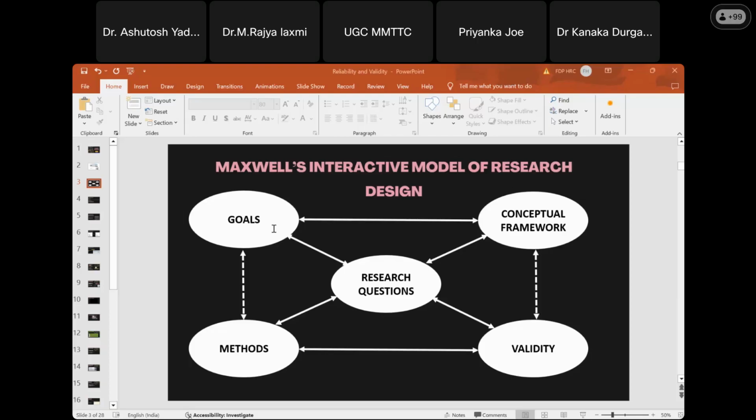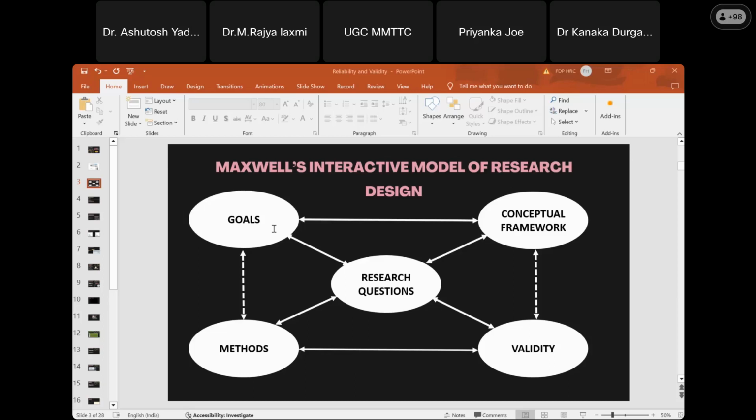But with a little twist. What is the twist? As we delve deeper into our study, new insights emerge, new data unfolds, and our perspectives shift. Maxwell's model acknowledges this fluidity and encourages us to adapt our research design accordingly.